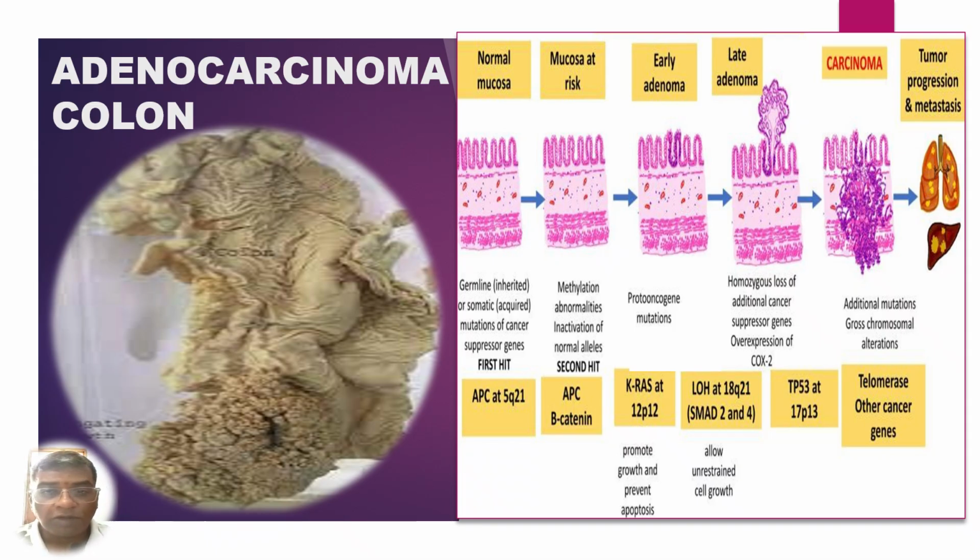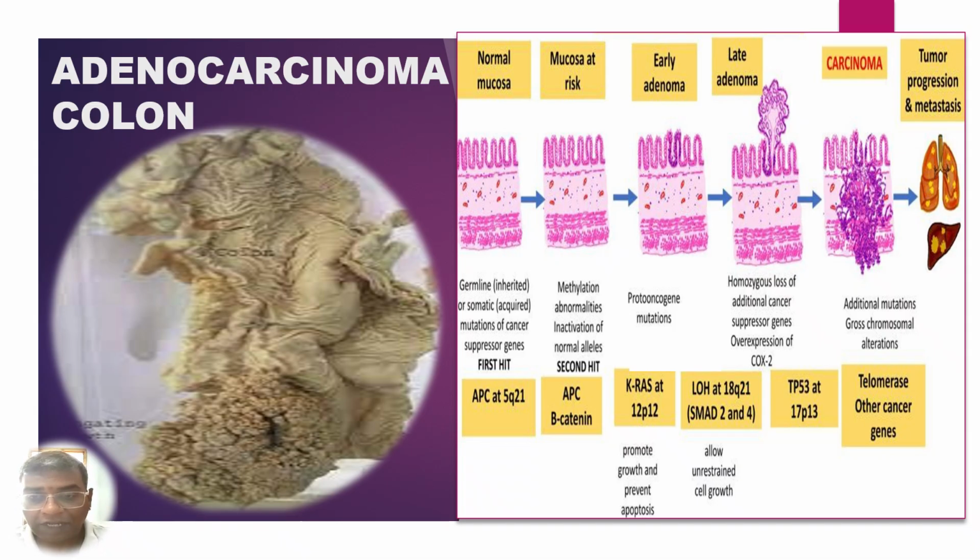So, normal mucosa, when the mucosa is at risk because of the genetic and non-genetic factors, will convert, with the help of APC gene mutations, first hit and second hit, causing the formation of early adenoma, with KRAS mutations.